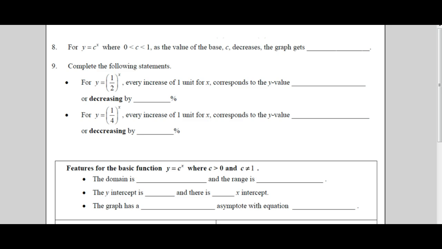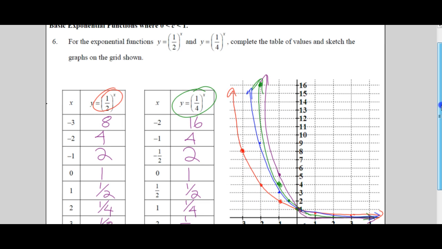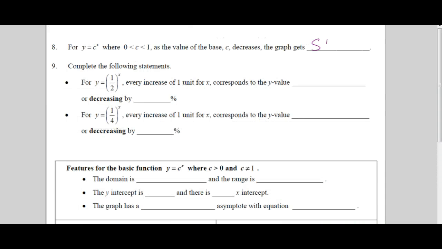Okay, so we'll finish this and we'll go back to the diagram. For y equals c to the x, where 0 is between 0 and 1, as the value of the base decreases, so decreasing, right, what have we got? So we've got 1/2, 1/3, 1/4, 1/5. As we're going down, it's getting steeper. The graph gets steeper.